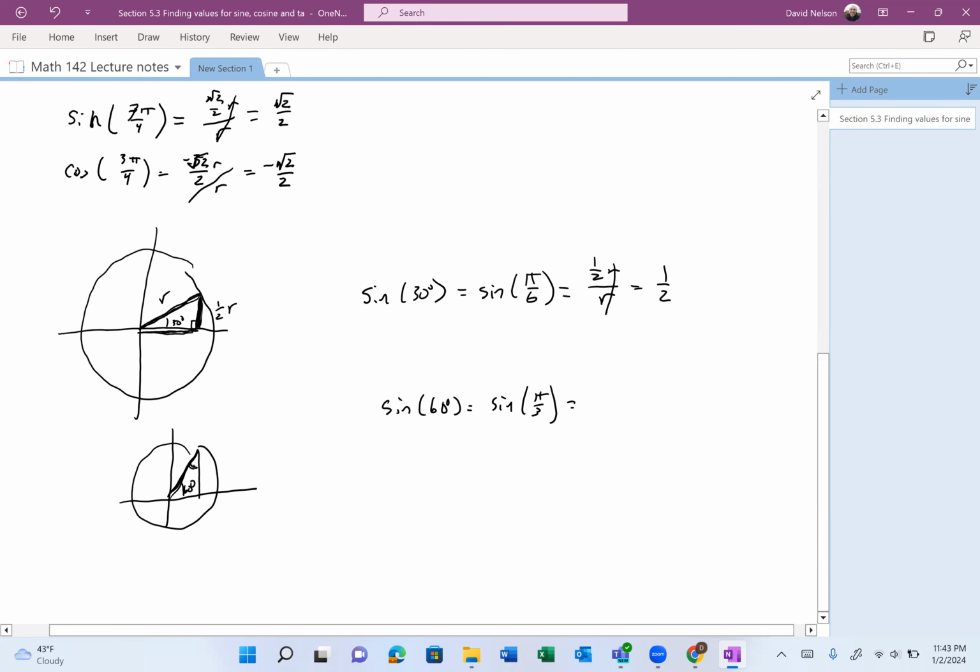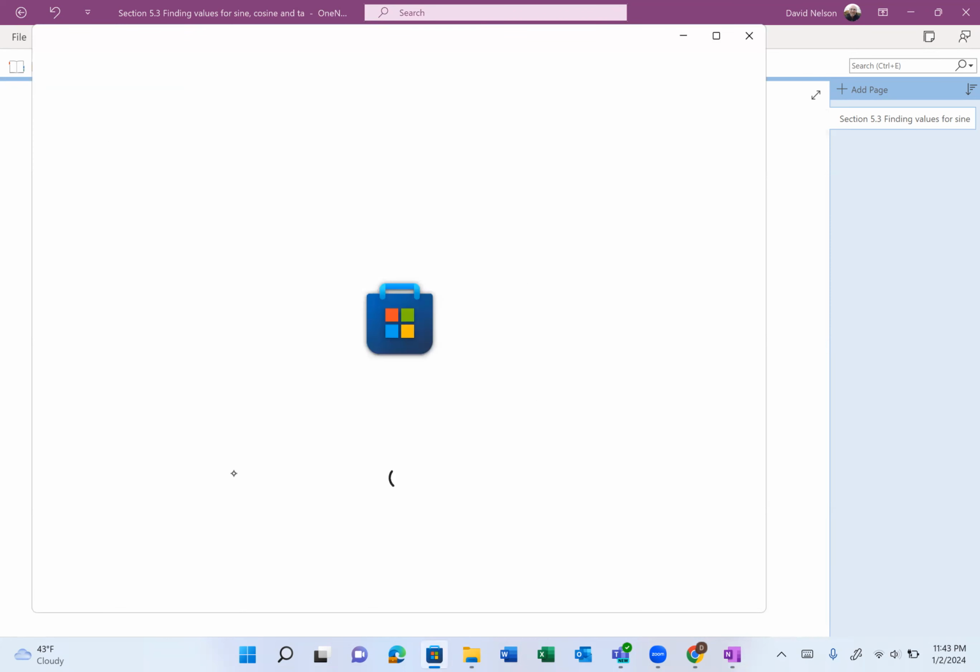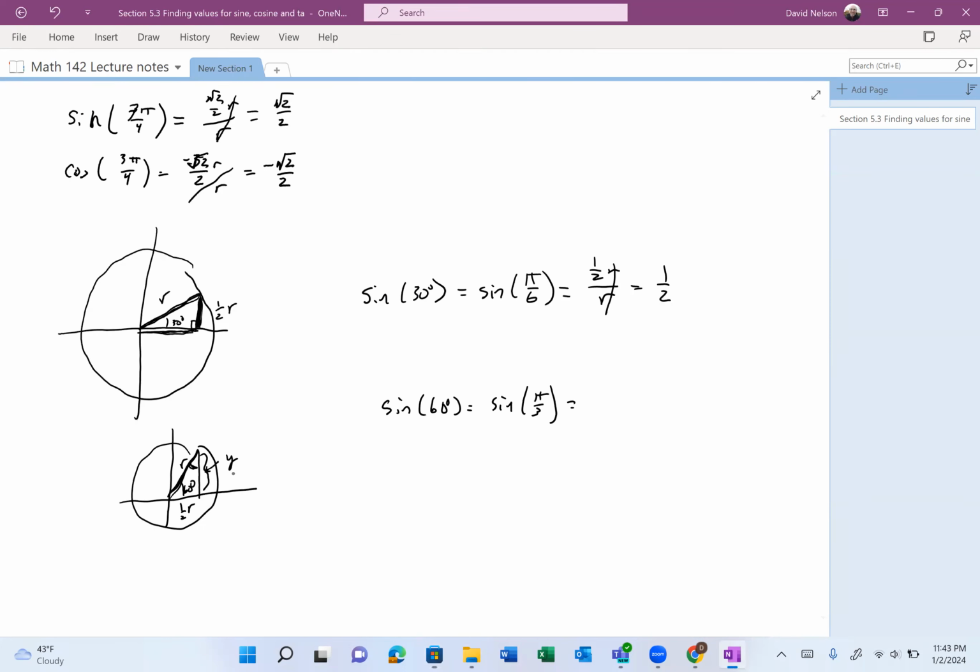What happens is the little angle up here is 30 degrees. So the distance down here is 1/2 r. And I guess what I need to do is find that third side, what's the y coordinate there? I know it's going to follow the Pythagorean theorem.